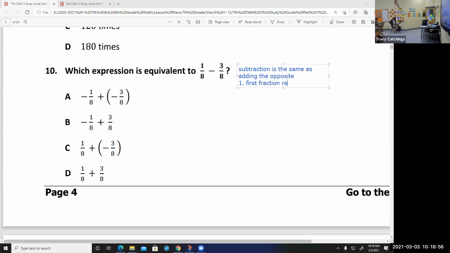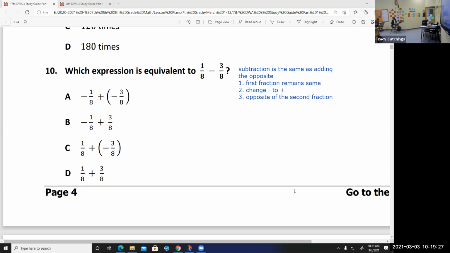So the first fraction remains the same. We would change subtraction to addition. And then we would take the reciprocal. I'm not going to say reciprocal, I'm going to say the opposite of the second fraction. That's a skill that goes back to the first week of school. Subtraction is the same as adding the opposite.